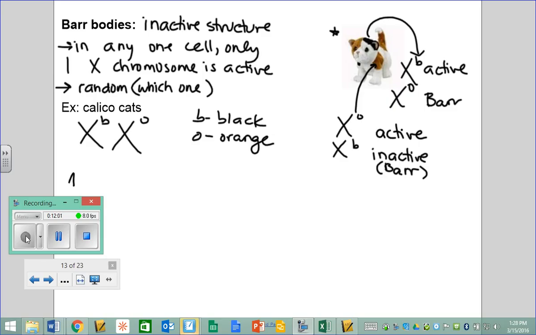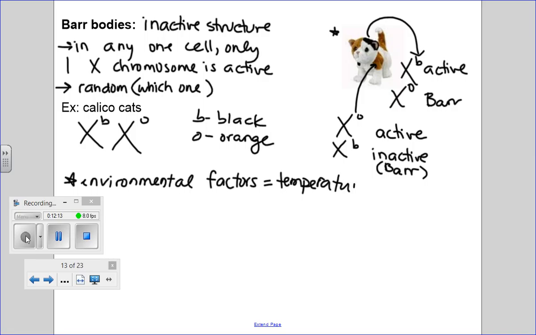Now, there are cases where environmental factors, for example, temperature, might influence which of the two is expressed. So, for example, in some animals, whether or not they have different colors of fur is dependent on which type of temperature they're in, which would help explain, for example, rabbits or things that change color depending on the temperature that is outside.